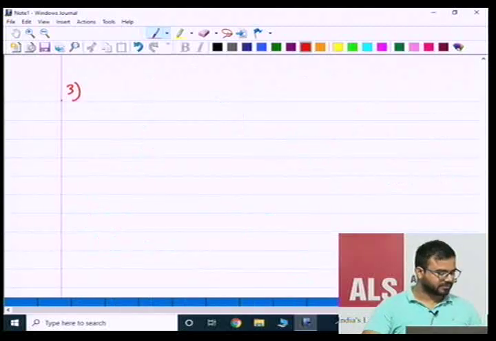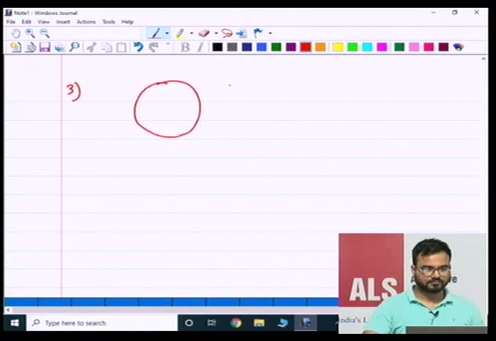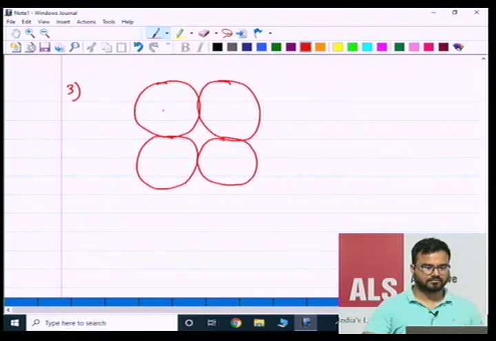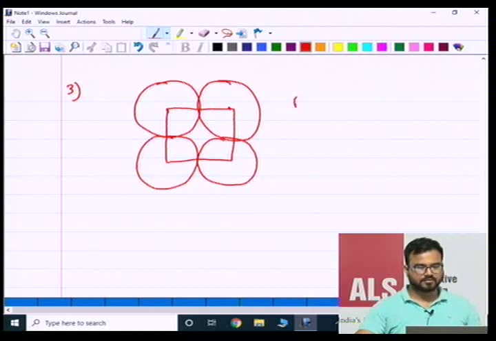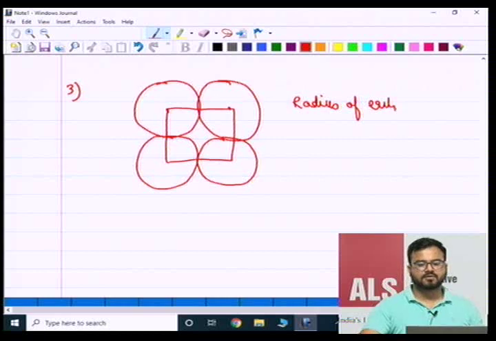Now try this question. These are the 4 circles given, and the radius of each circle is 1 unit.